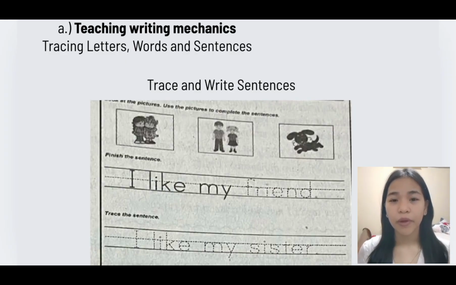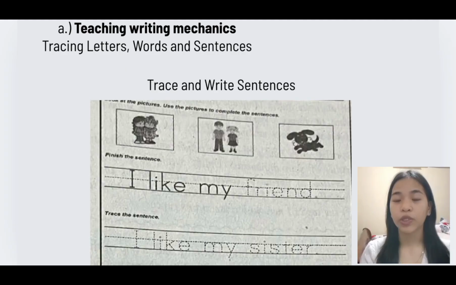It helps us develop our fine motor skills, and when we trace it also develops our eyes, because we focus on writing it or lining up the letters. It reinforces letter recognition, as by repeatedly tracing letters, children reinforce their ability to recognize and form letters correctly.